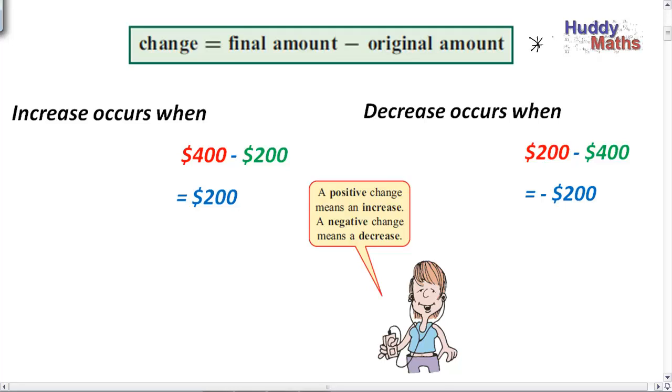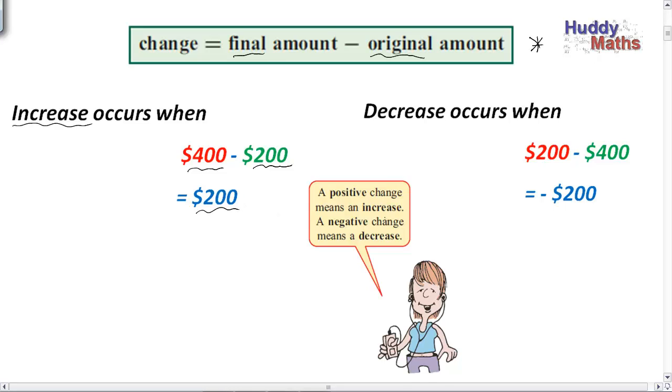A change is defined in mathematics as always the final amount minus the original amount. So there's two sorts of changes, aren't there? You could say you've got an increase when the final amount is bigger than the initial amount. So the final amount was $400, it used to be $200. So what's the change? Final minus initial, $200.